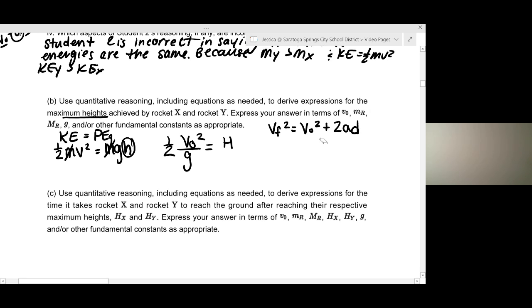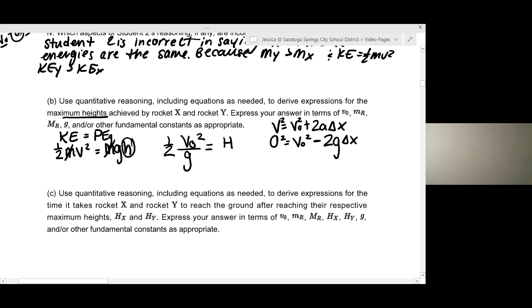Actually, on your reference table, it's written as v squared equals v0 squared plus 2a delta x. These are squareds. So this final velocity, if we're at the maximum height, would be 0. This would be v0 squared minus 2g delta x.